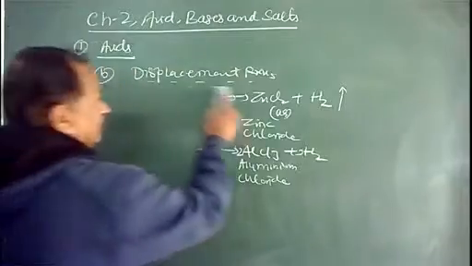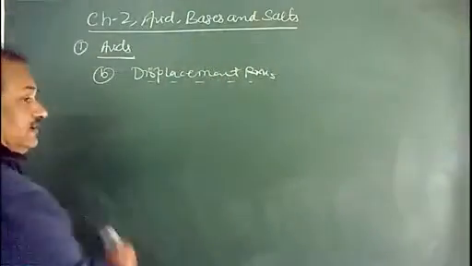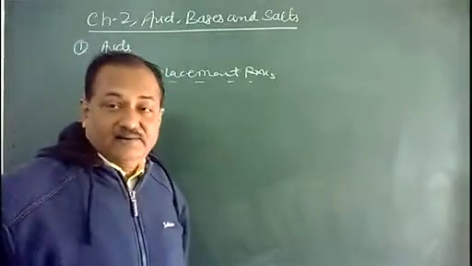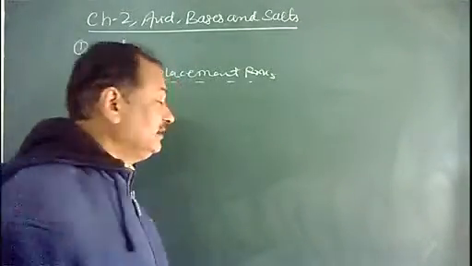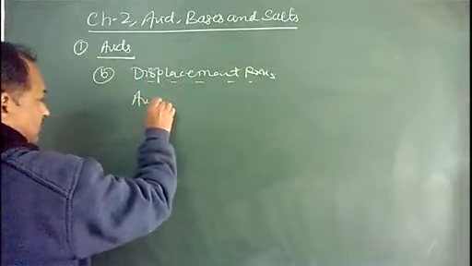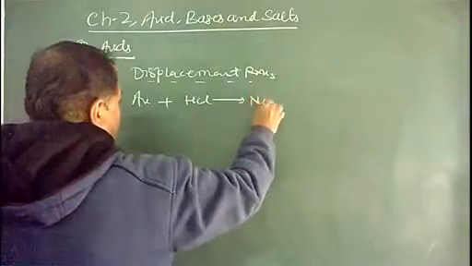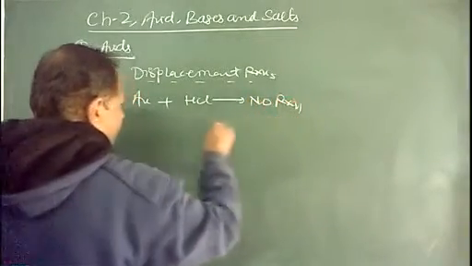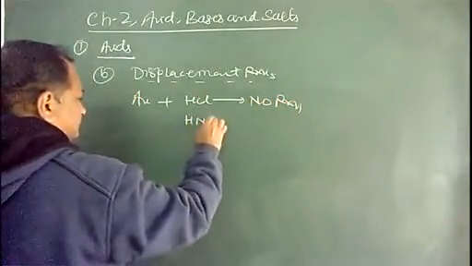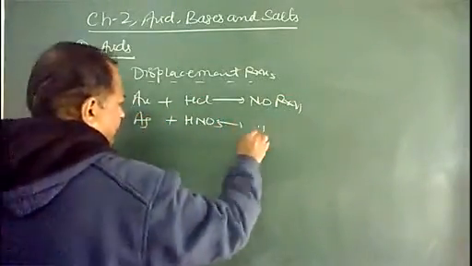Now children, in other conditions, see here, if you take some other metal, like here I am taking gold and HCl. So here there will be no reaction. HNO3 and this, there will be no reaction.